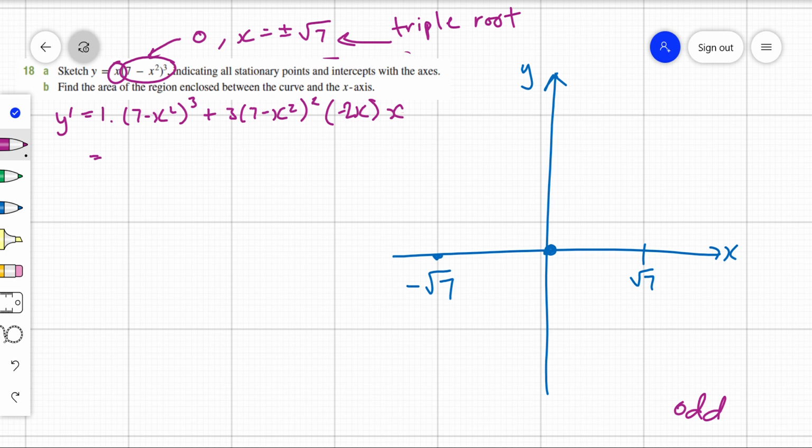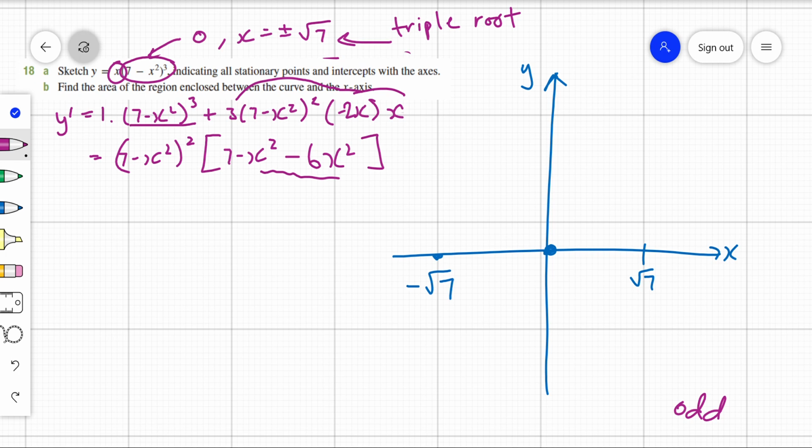So if I factorize by (7 minus x squared) squared, they've both got a squared in them. I've still got a 7 minus x squared in the first term. In the second term, I've got a minus 6x squared there. So I'm going to get a minus 7x squared, so I'm going to put a 7 out here as well. Alright, so this will now be 1 minus, instead of 7x squared, x squared.